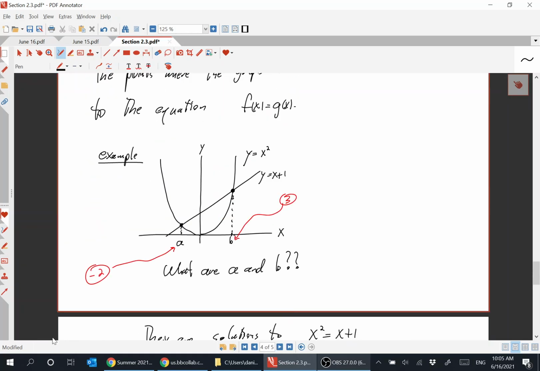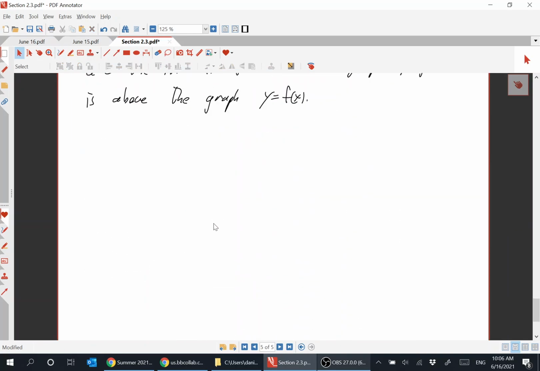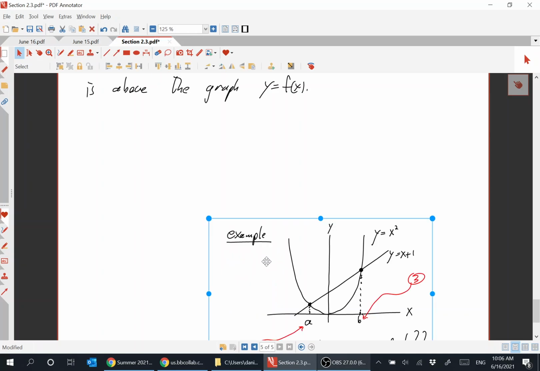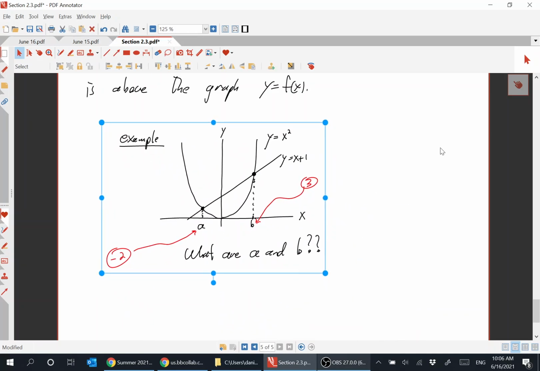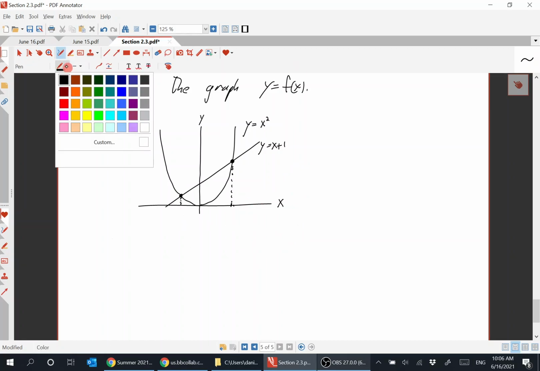So again, in this example here, we already know what those points are.